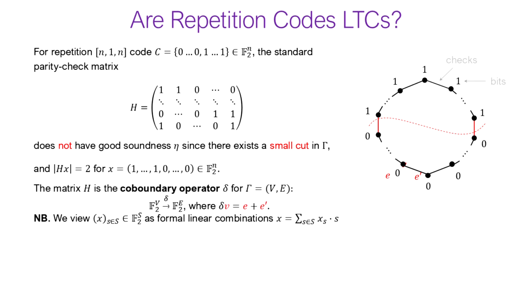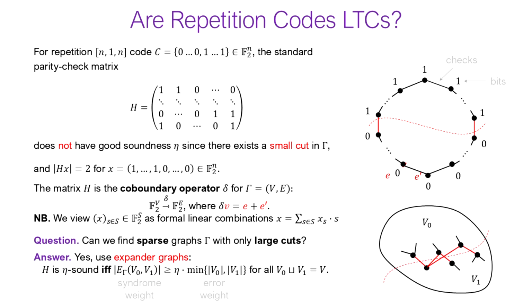And this also gives us the idea of how to construct a repetition code with a locally testable parity check matrix. Here is a very simple idea: just use expanders. We can consider this parity check matrix as just a co-boundary operator of some graph, and if this graph is a good expander, it means that all these cuts will be large.